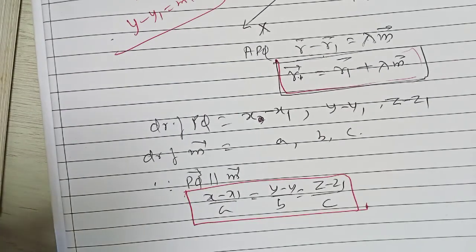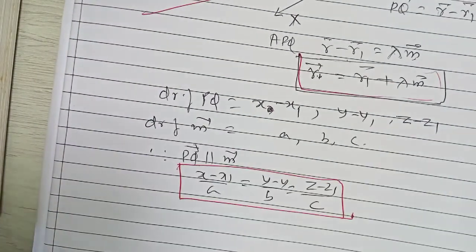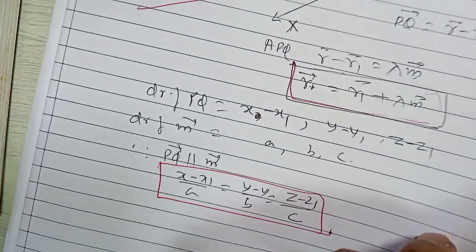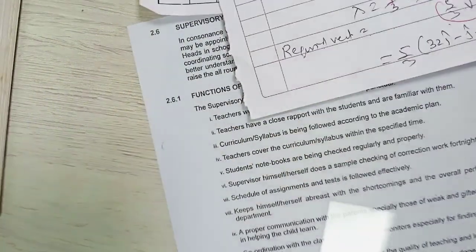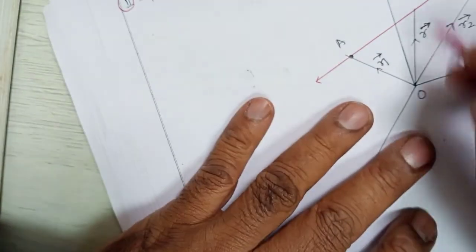Derivation will not come in the exam, but if you know how to derive, then you can solve any question related to this. Now we have another form: equation of a line passing through two given points.